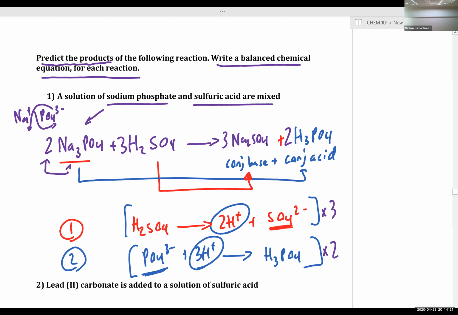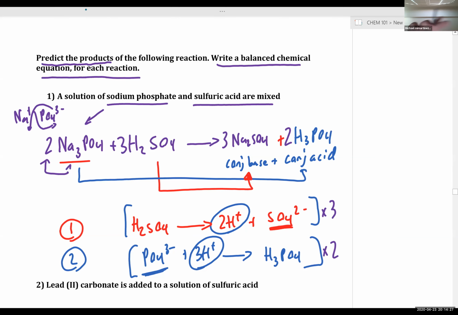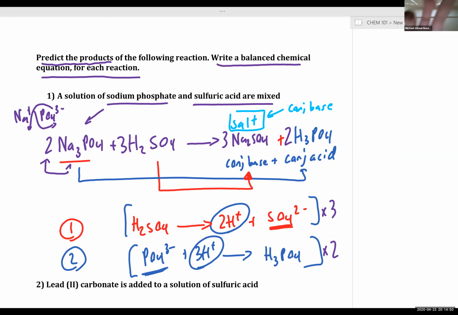And again, just as a reminder, the formula of the salt is really key. Remember, the salt contains the conjugate base. So if you can figure out the formula of the salt, you can actually use it to generate the rest of the equation. Is everyone comfortable with this method? Let's try a few more examples and see how this can work.